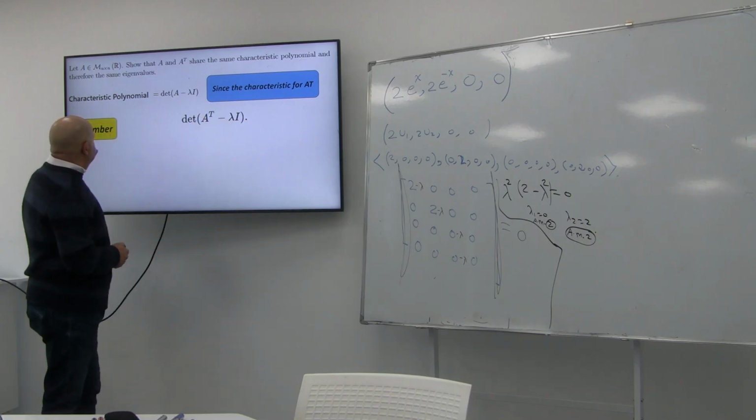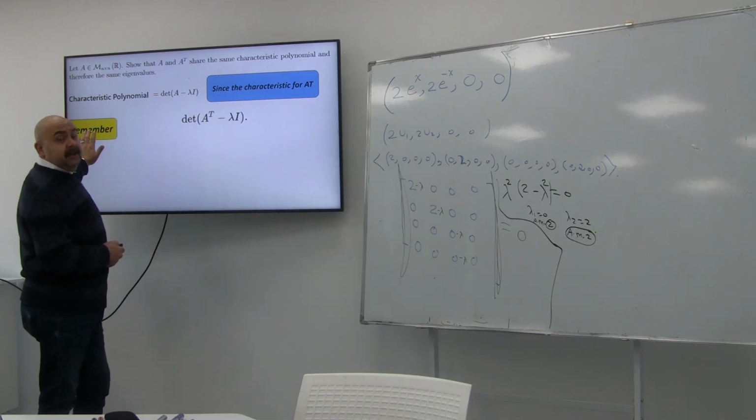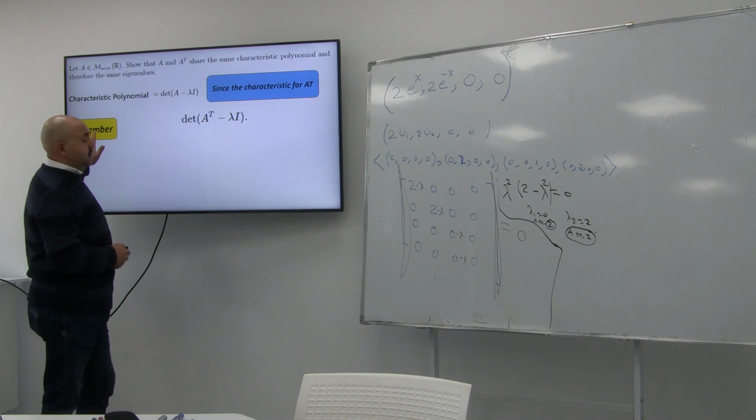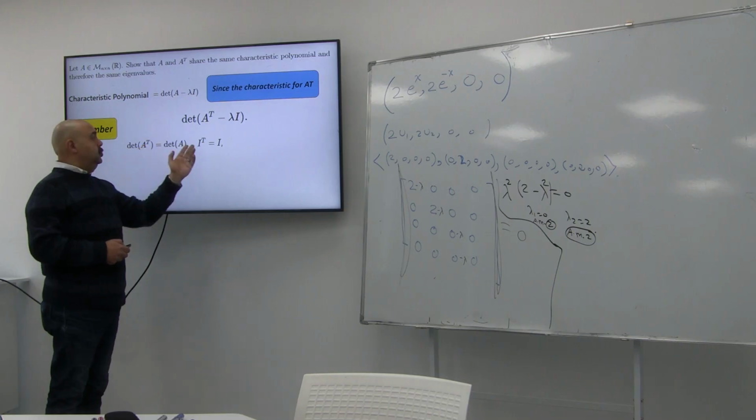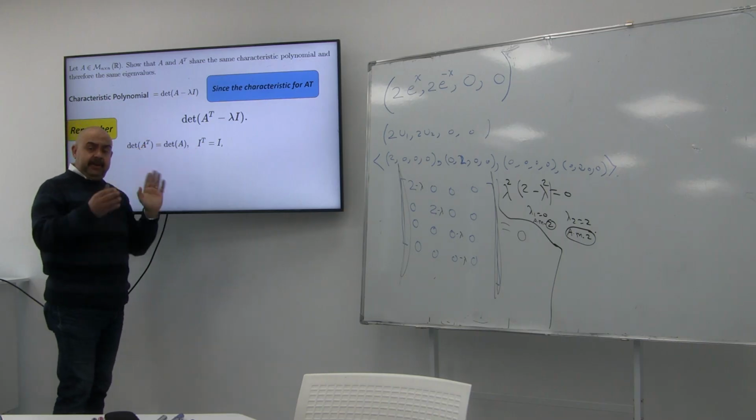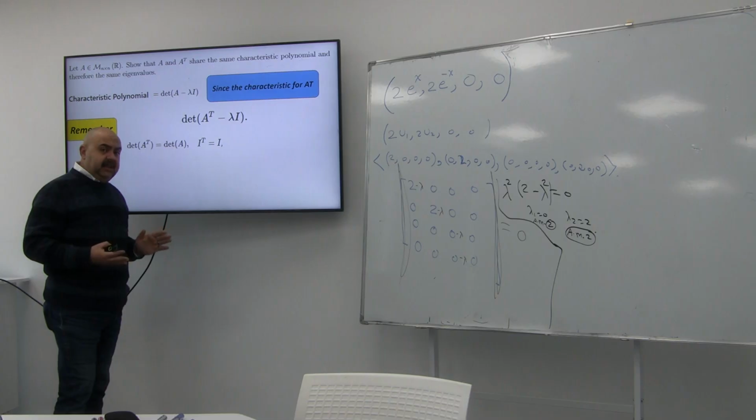As I told you, remember the symmetric property of determinants: the determinant of A equals the determinant of A transpose. And also for I, if you have a unit matrix, its transpose is exactly the same.